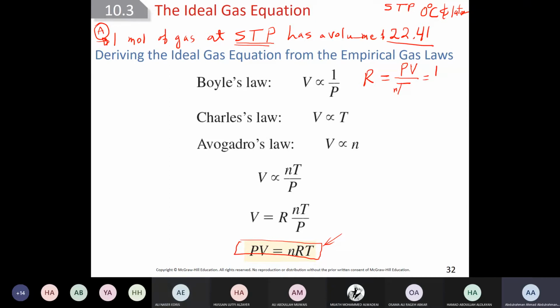What's the volume? 22.4. What's the n? 1. What's the temperature? 273. Okay, then calculate R.